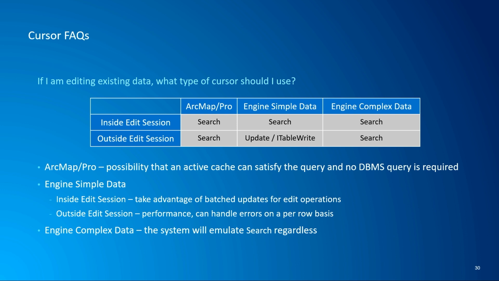Or are you hitting a headless application outside of our desktop application, but working with complex data such as network features or relationship classes with messaging turned on? And in every one of these instances, except for a headless application outside of an edit session, you should use a search cursor. Okay?